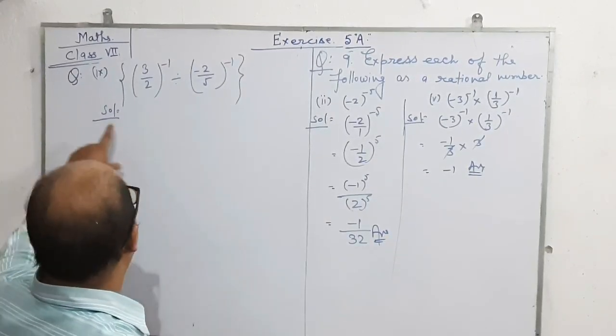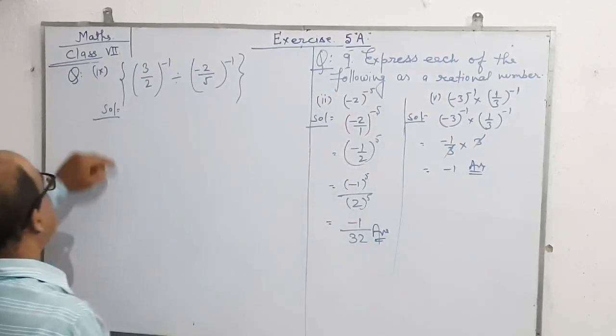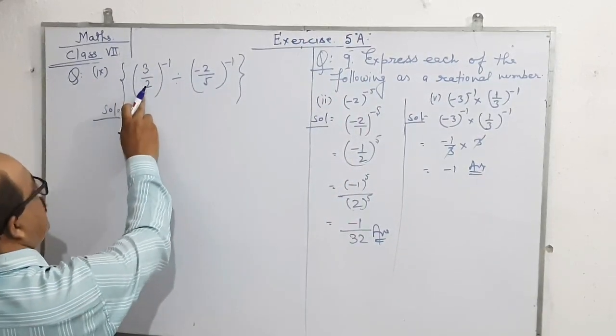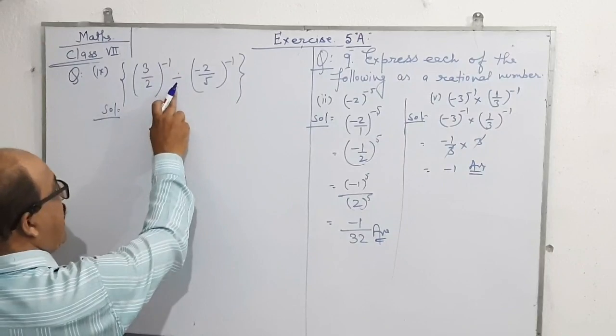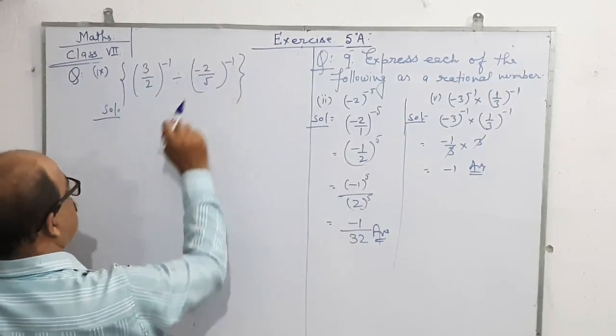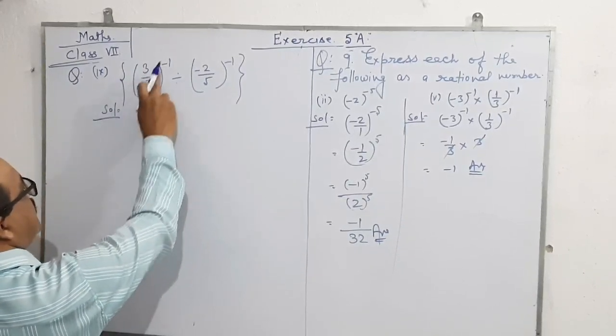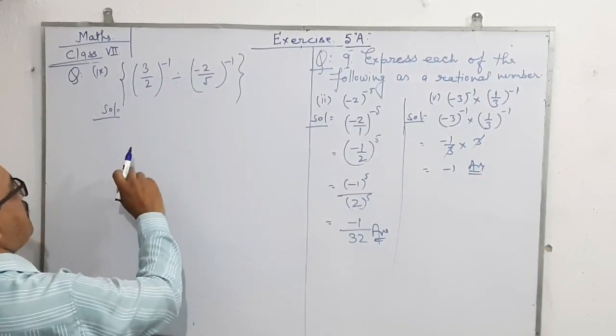Question number 9. Here 3 by 2 to the power minus 1 divided by minus 2 by 5 to the power minus 1. The given fractions have the exponent minus 1.